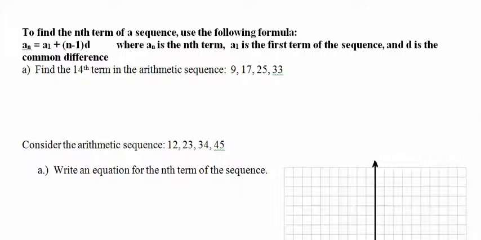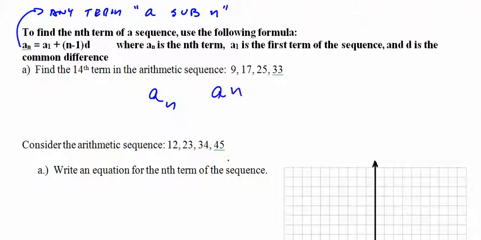So here's a formula, and it's very, very similar to a linear equation. Any term, a sub n, and we say it like that, a sub n, meaning the n is written below it to the right.